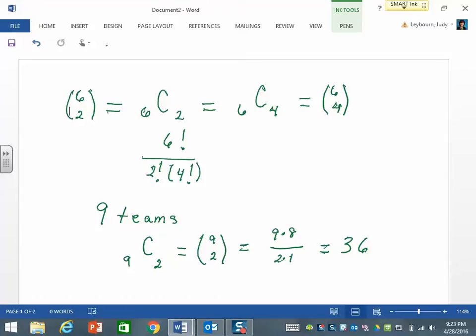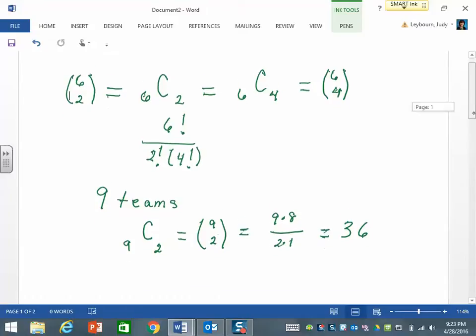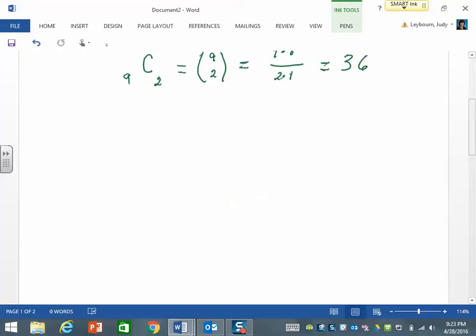Let's suppose that you have 2 different parts to a test, and the first part has 10 questions, and you have to answer 7 of those. And in the second part, there are 5 questions to choose from, and you have to select 3 of them.